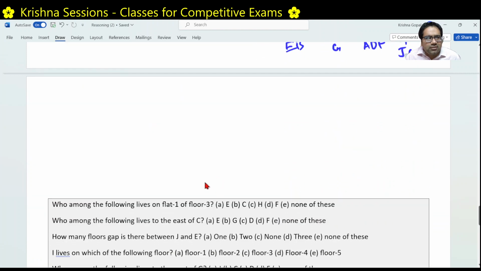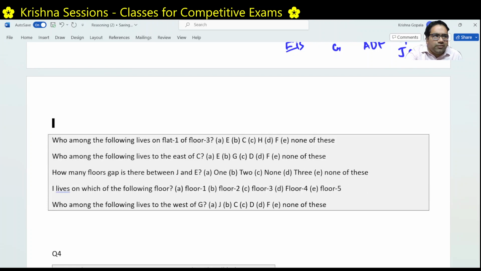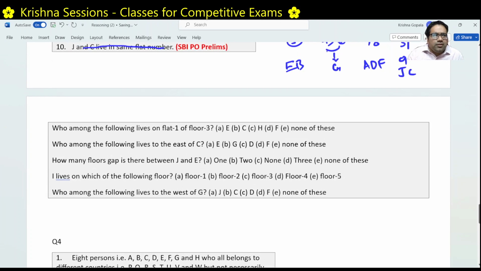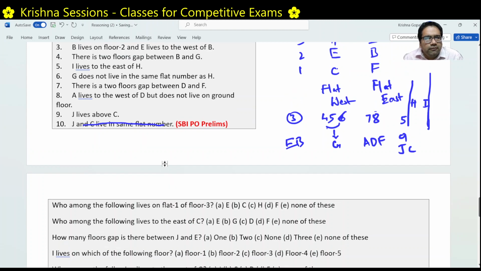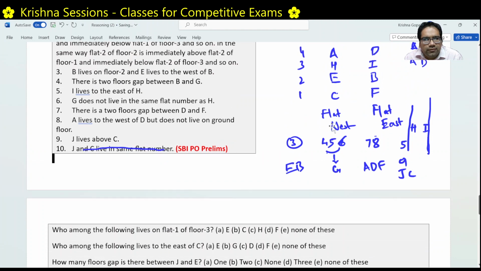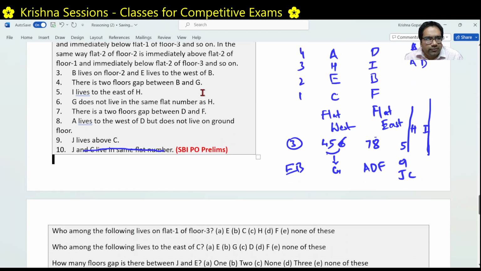Now, let's get into the questions. The questions should become very straightforward. Okay. Who among the following lives on flat 1 of floor 3? Right. So in this problem, whether flat one is the left one or the right one, they did not give.